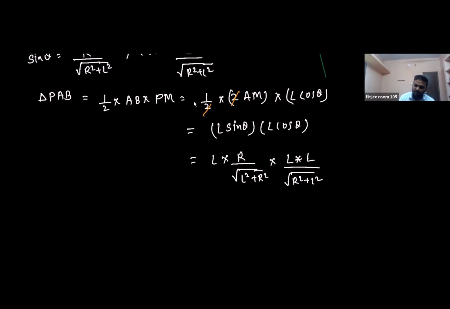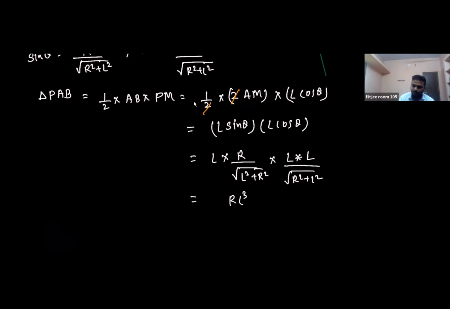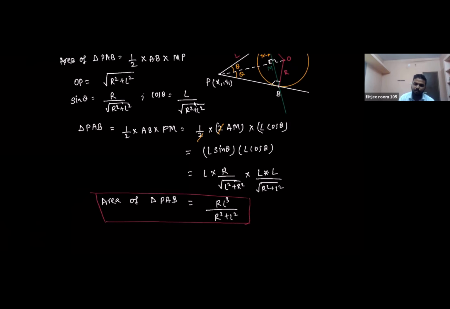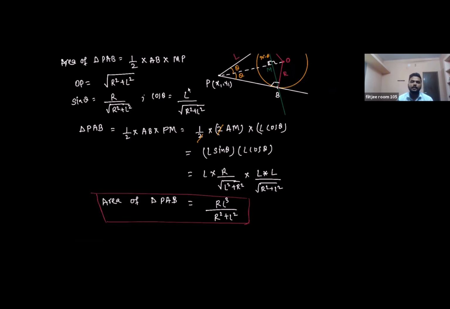So our answer, I will get RL cube divided by R square plus L square. Area of triangle PAB, what's our answer? Our answer is RL cube divided by R square plus L square.